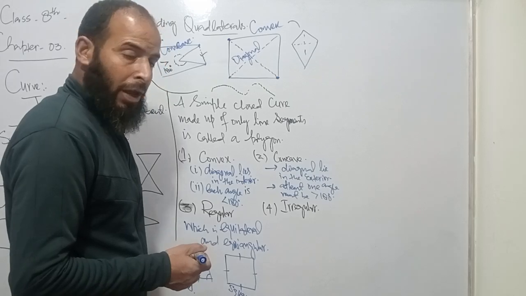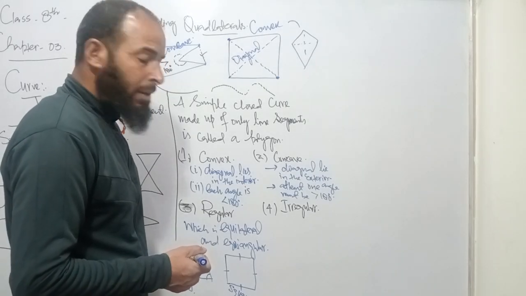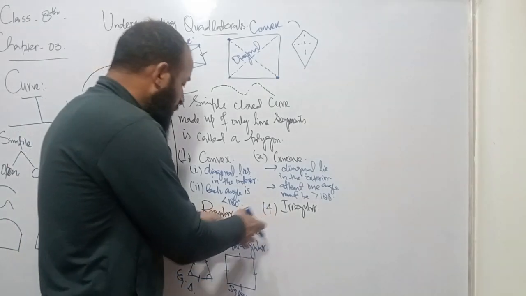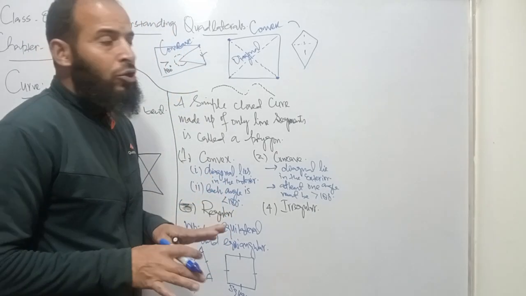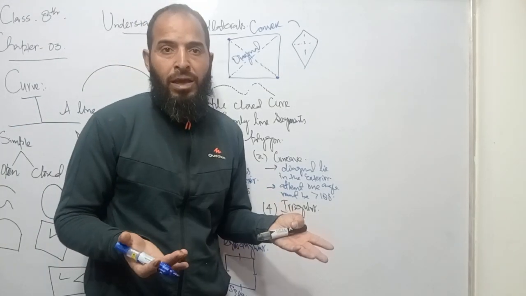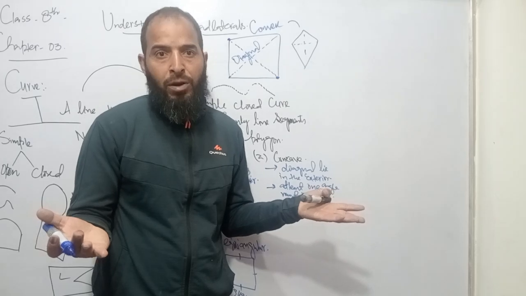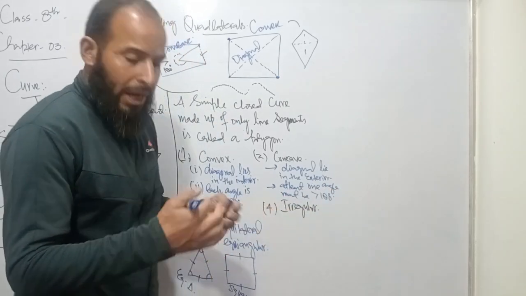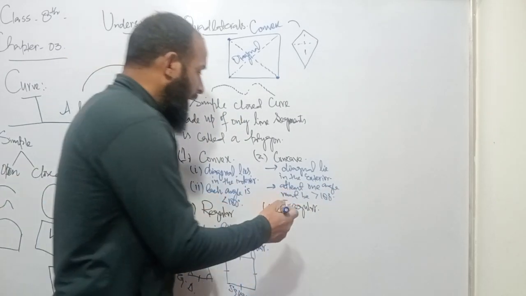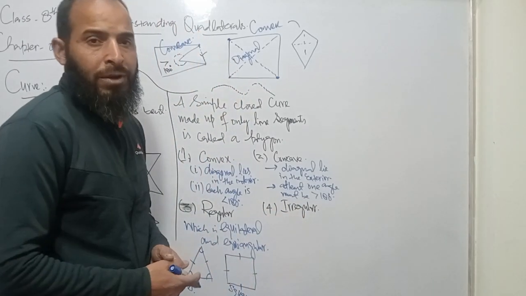Now let's move to irregular polygon. What do we mean by irregular? Irregular is the opposite of regular. That means its sides and angles are different. Angles may be different and sides may be of different lengths.